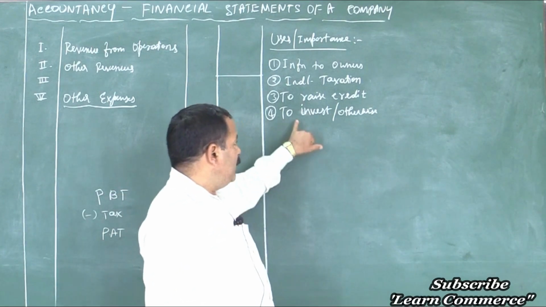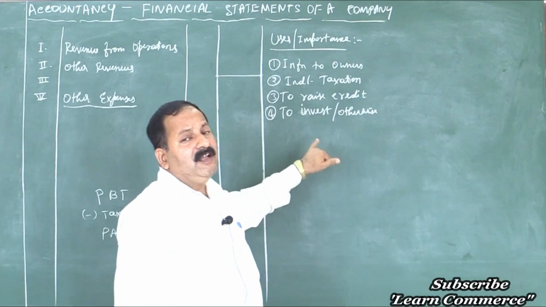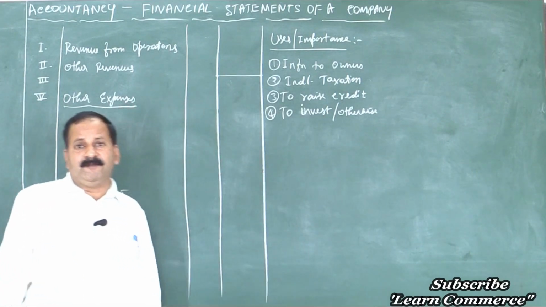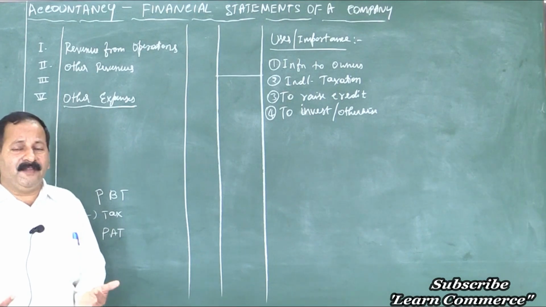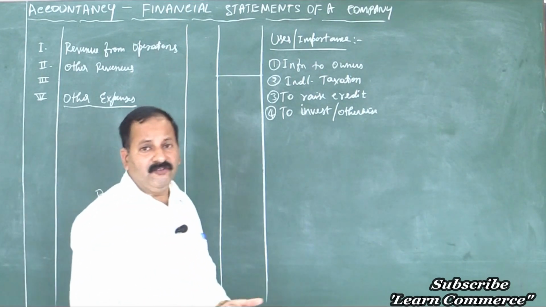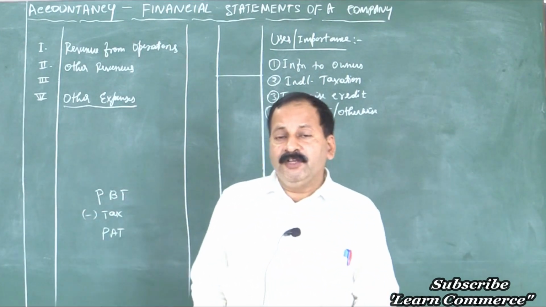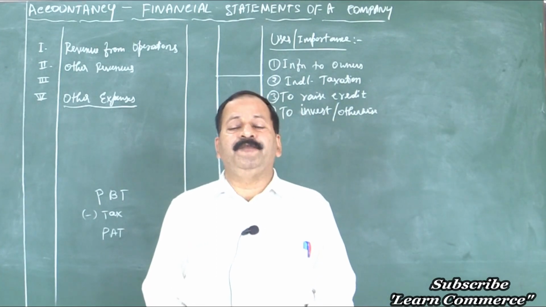So in the same way, the person who wants to invest somewhere will see the safety of his funds. Safety in the sense that the funds should be returned by the company with whom you have invested, or the banker or the financial institution where you have kept your money. You want the principal amount along with interest with safety, isn't it?